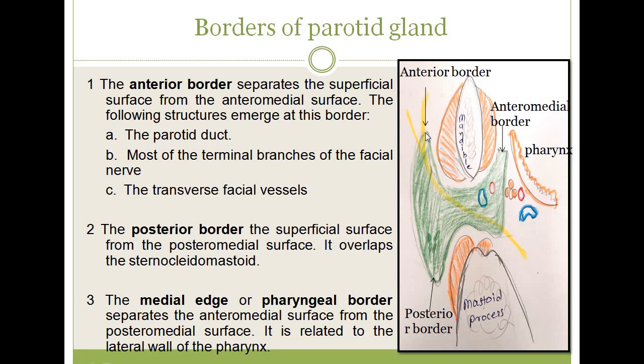The parotid duct, most of the terminal branches of the facial nerve and the transverse facial artery emerge from this anterior border. The posterior border separates the superficial surface from the posteromedial surface and overlaps the sternocleidomastoid muscle. While the medial edge or pharyngeal border separates the anteromedial surface from the posteromedial surface and is related to the lateral wall of the pharynx here.